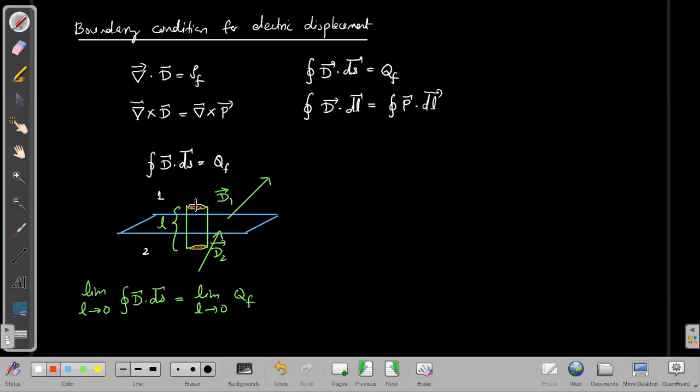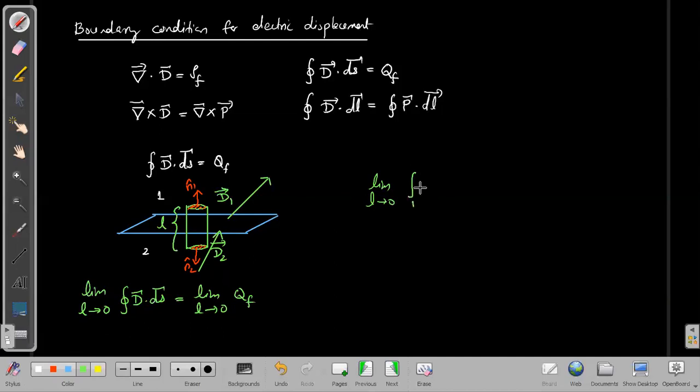For the integration over the upper surface, the unit vector is along this direction, n1, and here n2 is along the opposite direction. So when the limit L tends to 0, we have only two integrations.